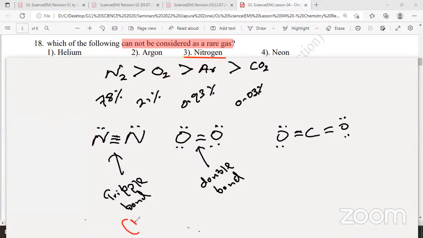Triple bond is strong, stronger than in oxygen, and difficult to break.